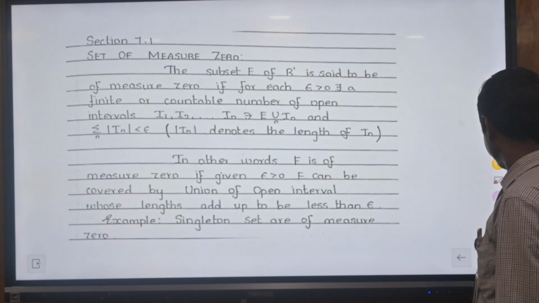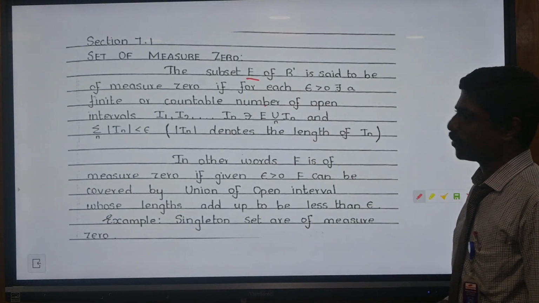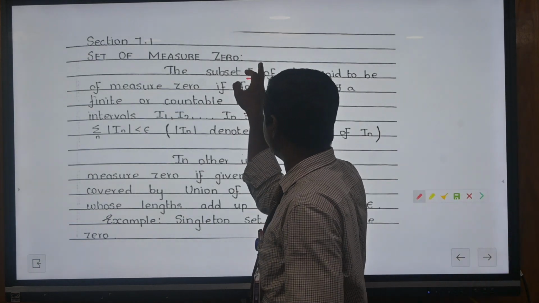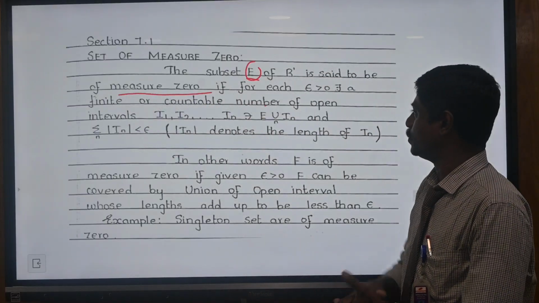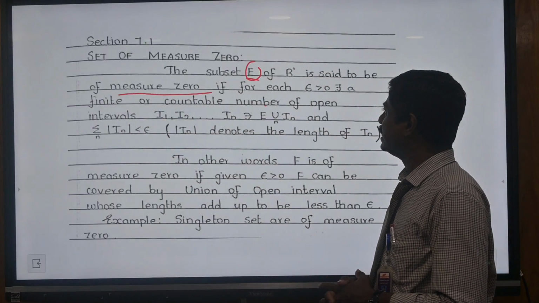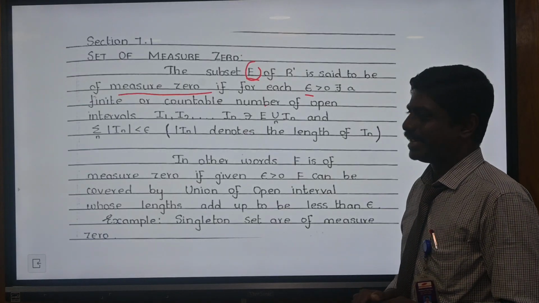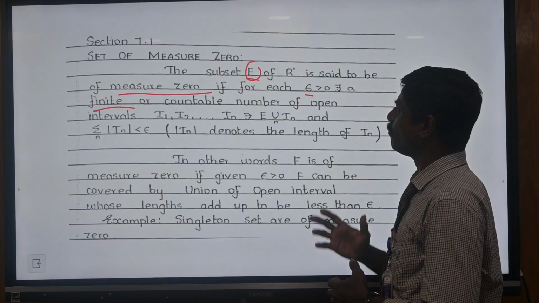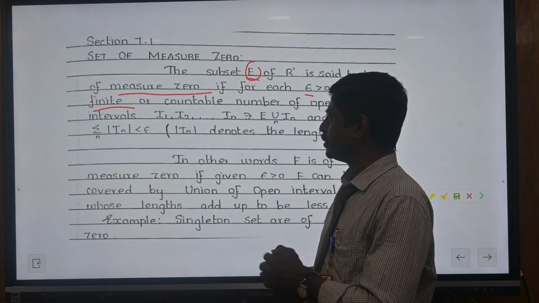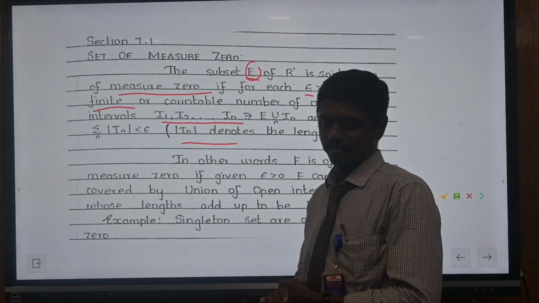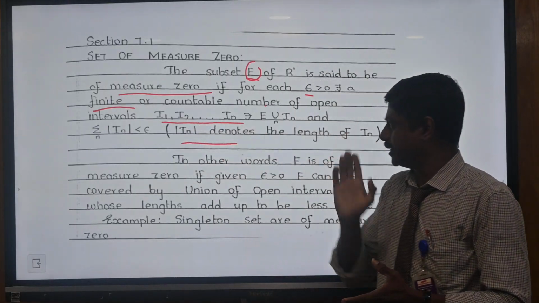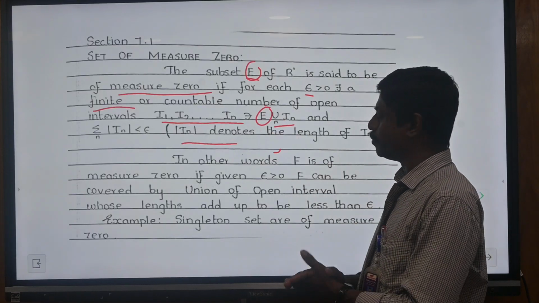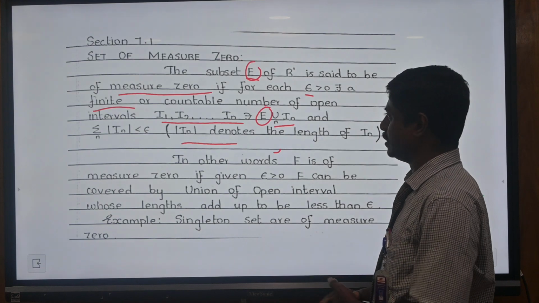A subset E of R is said to be of measure 0 if for each epsilon greater than 0, there exists a finite or countable number of open intervals I1, I2, and so on up to In, covering E, so E is contained in the countable union of the In.